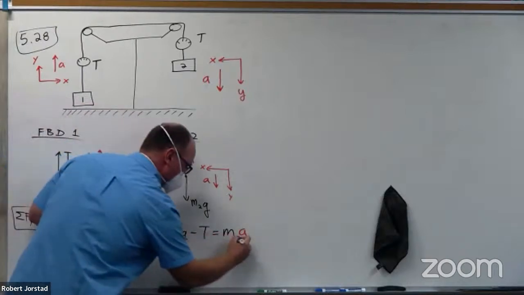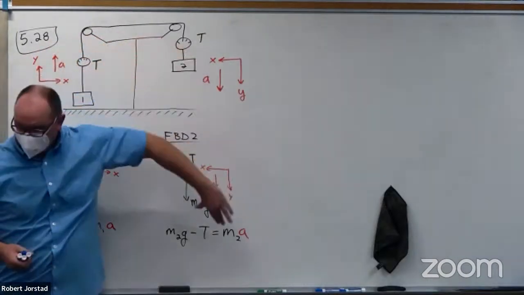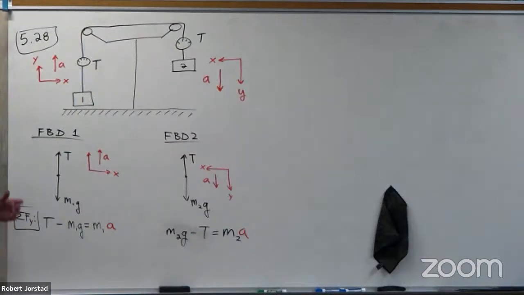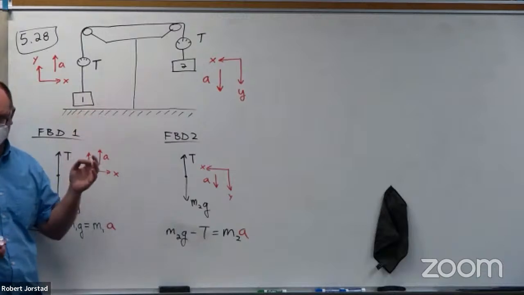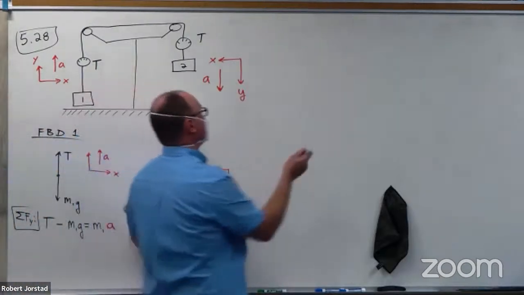Subscript 2. Now, check this out. There's lots of ways to do this. This is one of the reasons I use this rotated coordinate system all the time. Check this out. What is the internal force to the 1-2 system effectively? Tension. If you stack and add the equations, watch what happens.